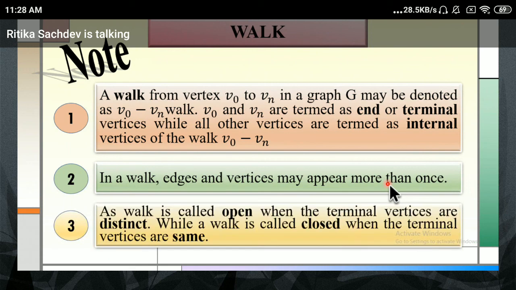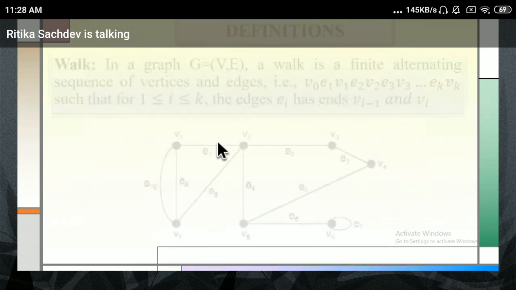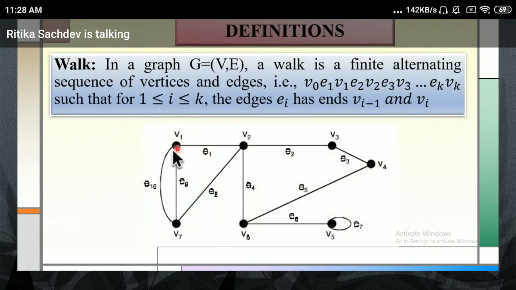Third, it says, a walk is called open when the terminal vertices are distinct, while a walk is called closed when the terminal vertices are same. That means if in the previous graph, I start from V1, I go from V1, E1, V2, E8, V7, E9, V1.